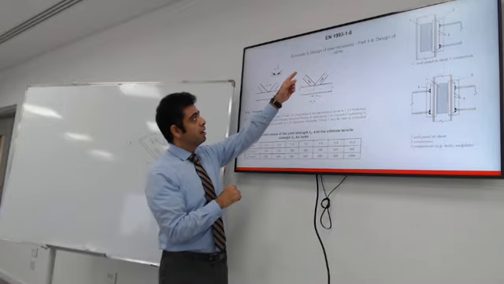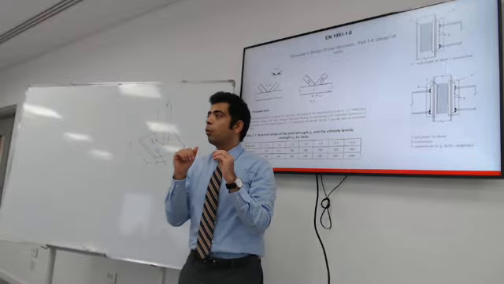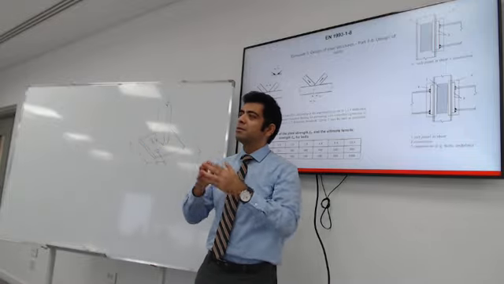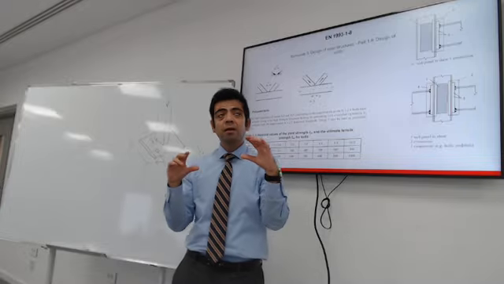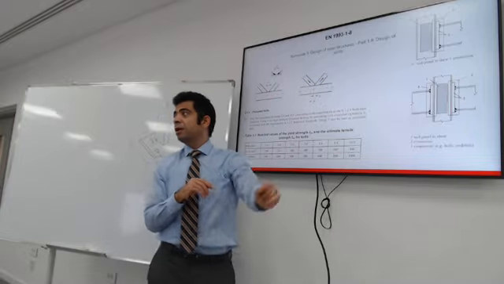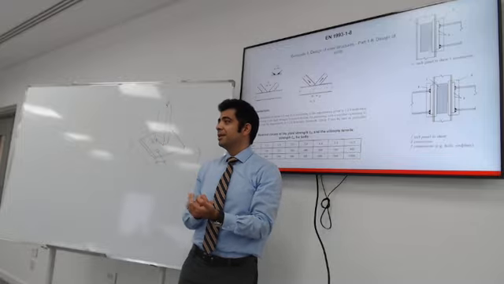Eurocode 3, Part 1 is what we've been dealing with so far: design for bending, design for shear, for the structural element. Part 8 is for connections. So that's a different document from the one that we've been using.